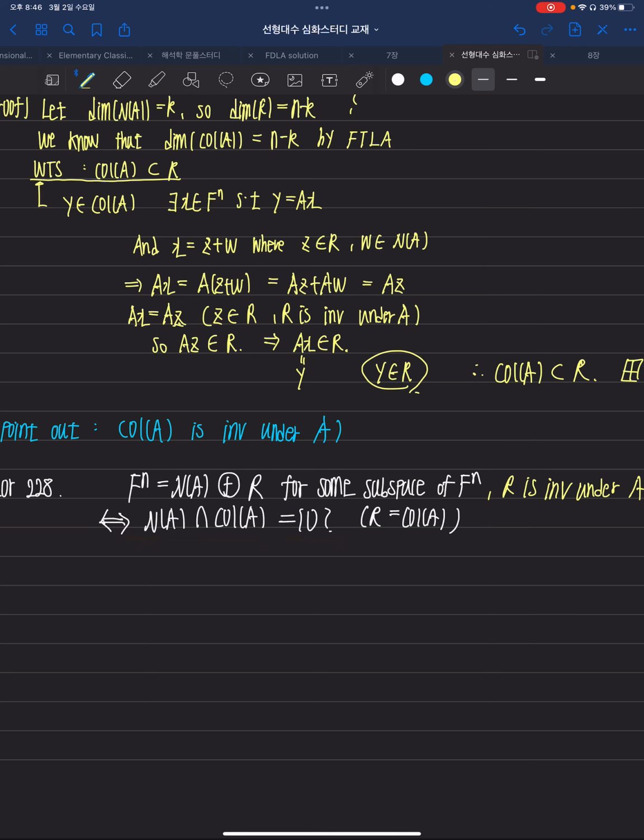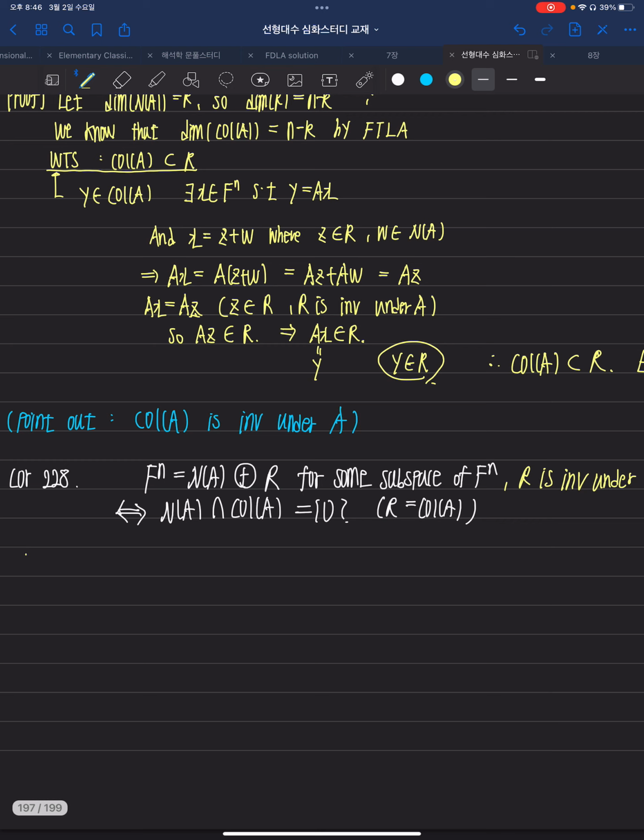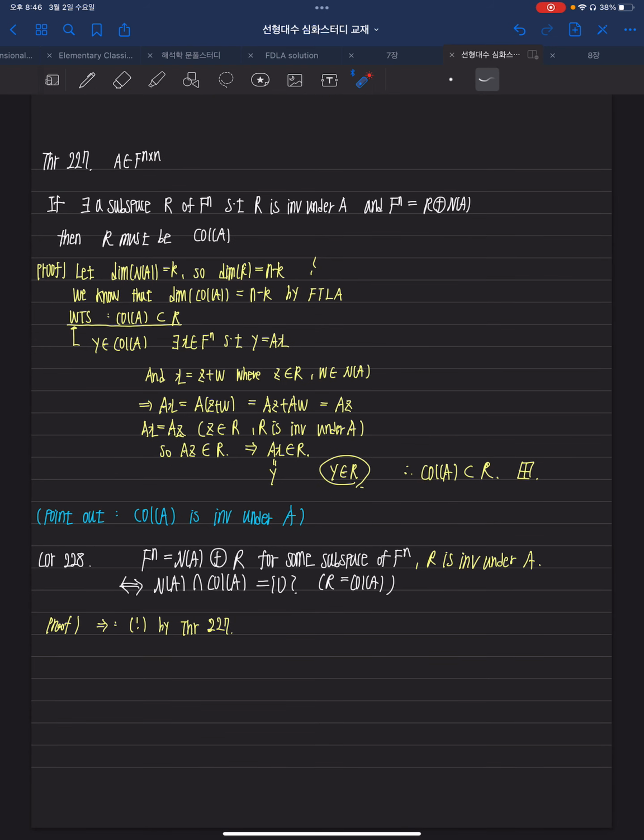Proof. This direction is obvious by theorem 227. Why?